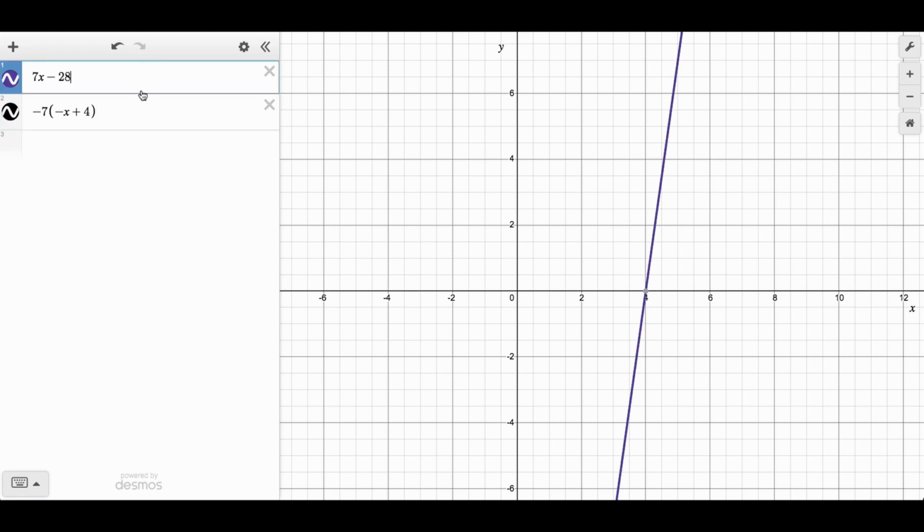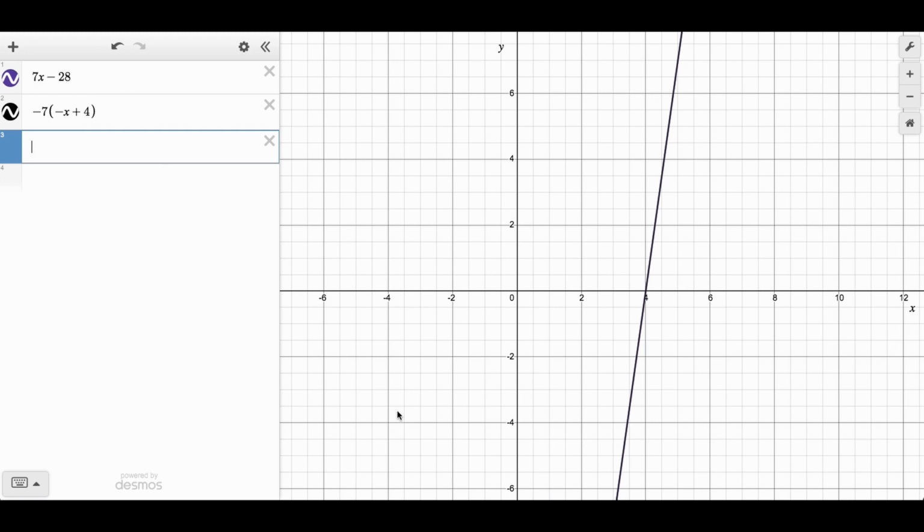But they change color. Again, as I told you earlier, when two equations have the same graph, Desmos will show it like this. If you select them, this line seems to magically change color. And this means that these two lines are the exact same expression. They are completely equal to each other.